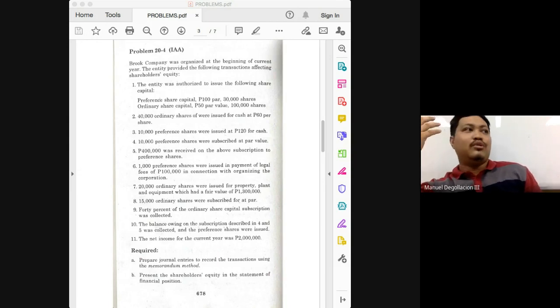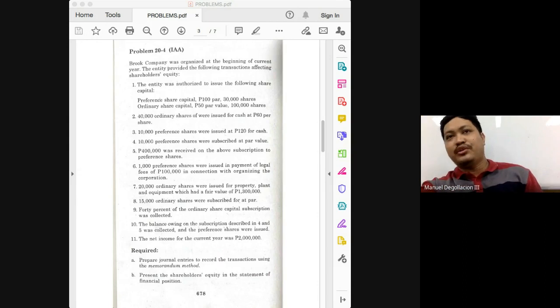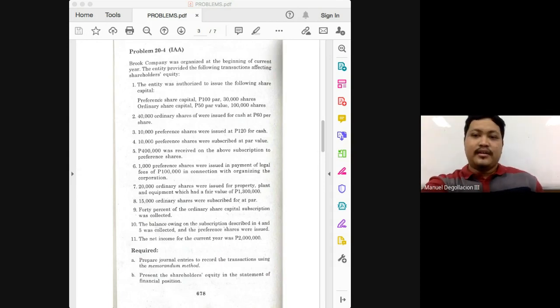This is what I was trying to warn you before when we were discussing receivables. Common mistake is to think that when subscriptions receivable are collectible beyond 12 months, it will just be non-current asset. That's wrong. It will appear in your shareholders' equity section as a contra equity account. It will be a negative amount, a deduction to your total shareholders' equity.